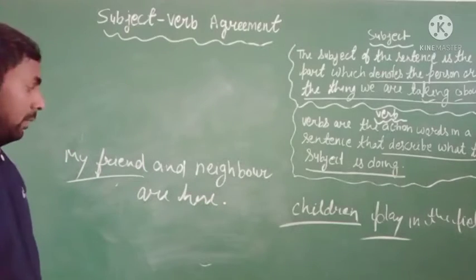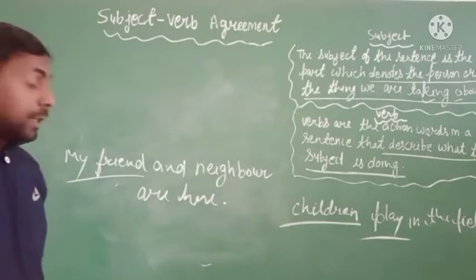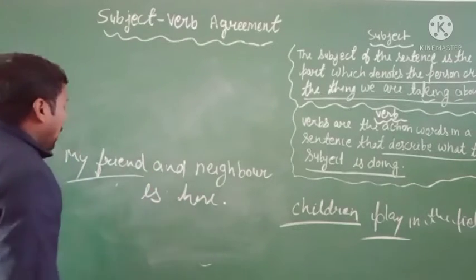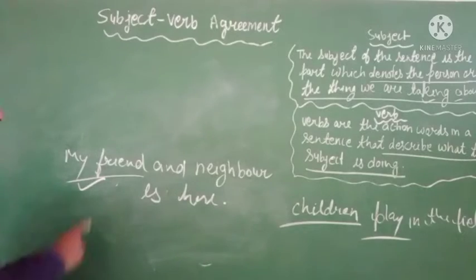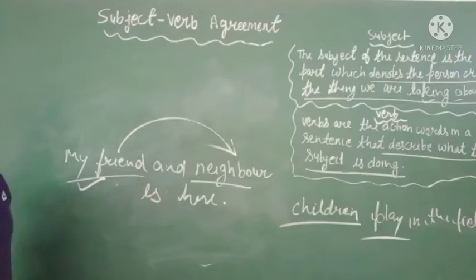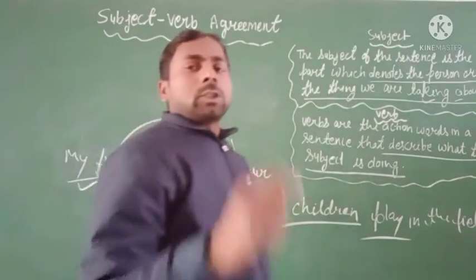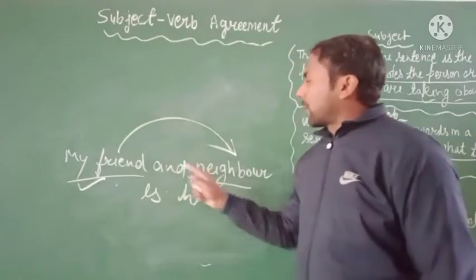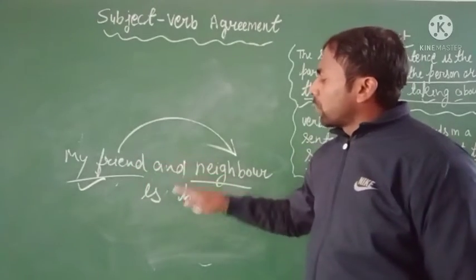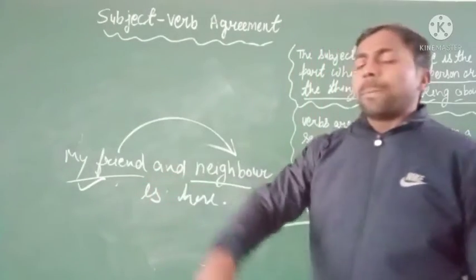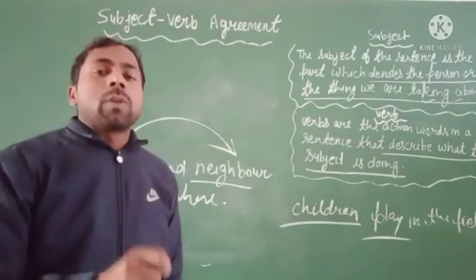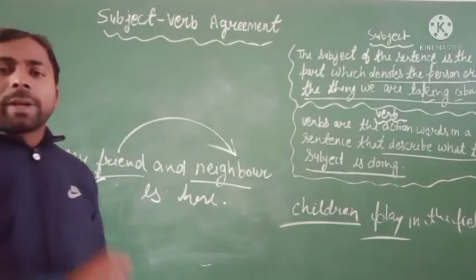Not are, it will be is. Why? Because my friend and neighbor, both are the same person, not two other persons. Neighbor is my friend. So you can add only a singular number verb. Do not use a plural number verb. It is the rule of subject and verb agreement.